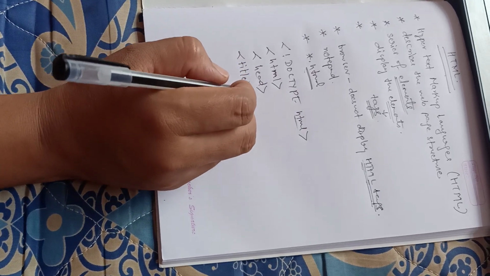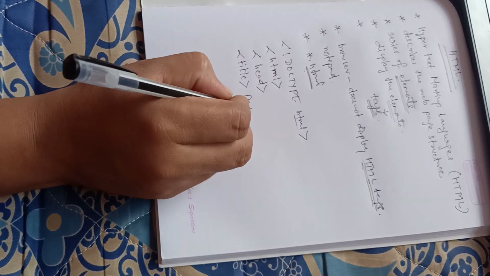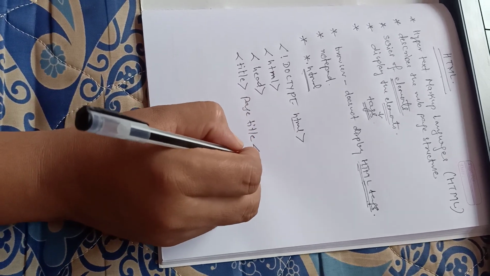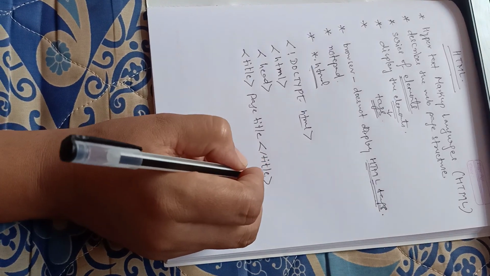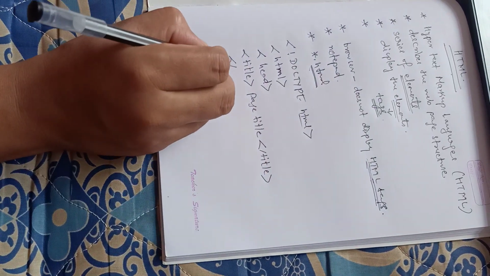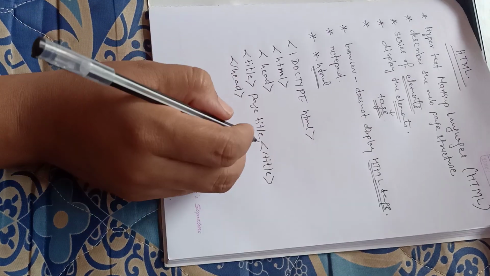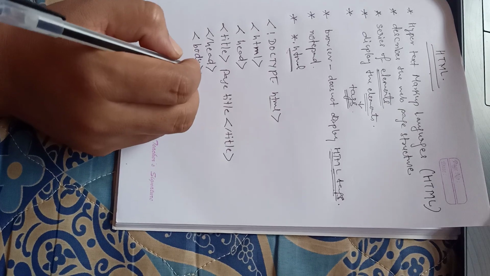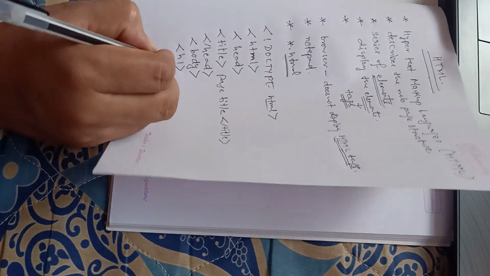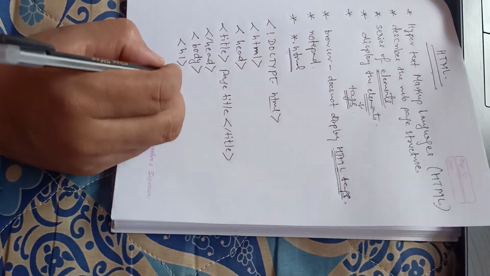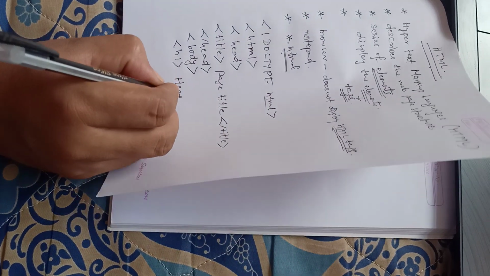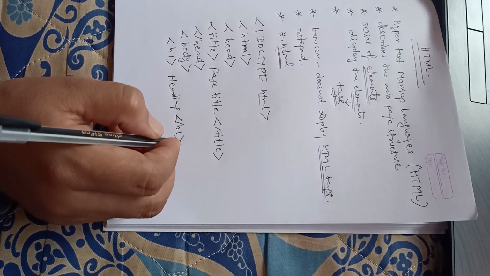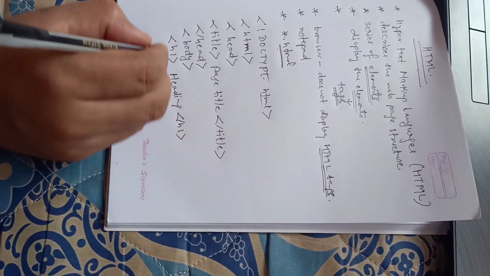I'm trying to write a simple code. So here we will be writing some page title. You can write anything. I'm now ending the title tag. Now the head tag is ended. I will start body tag, and suppose I'm writing just a heading. And then I'm closing this body tag.